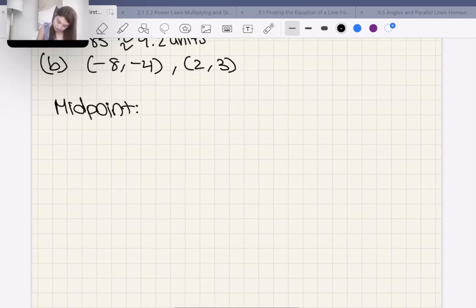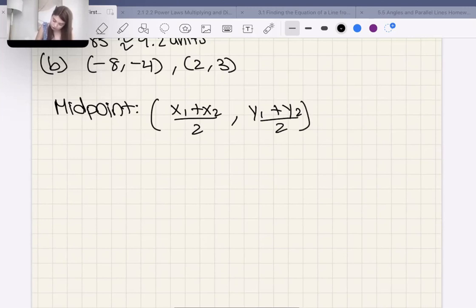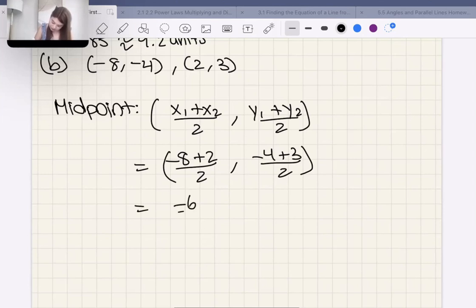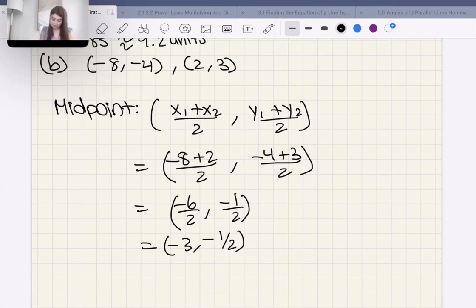So the midpoint is x1 plus x2 over 2, y1 plus y2 over 2, which is going to be -8 plus 2 over 2, and then -4 plus 3 over 2, which is -6 over 2, and then -1 over 2, which is -3, comma a half. And there we go.